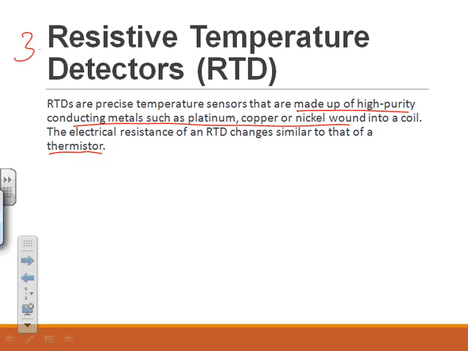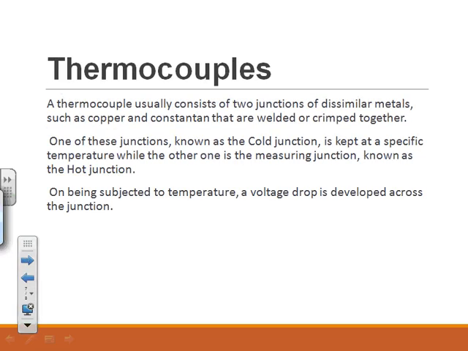And the fourth type is thermocouples. Thermocouples usually consist of two junctions of dissimilar metals. One is called the cold junction, which is taken as the reference junction, and the second is called the hot junction, which is the measuring junction.